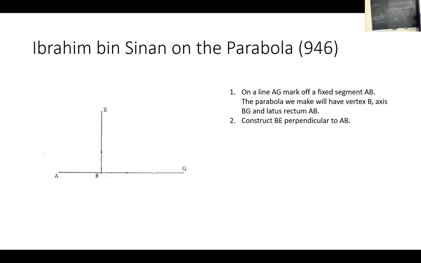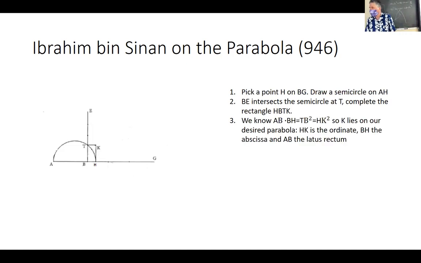Once you do that, you construct a perpendicular BE to AB. Then you pick some point H on BG, and you draw a semicircle there.